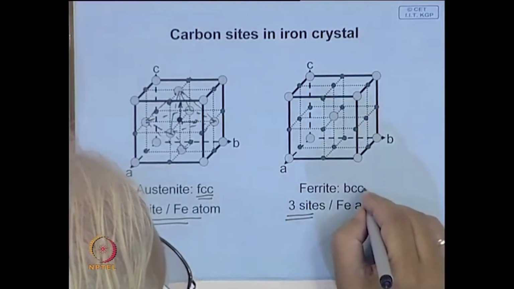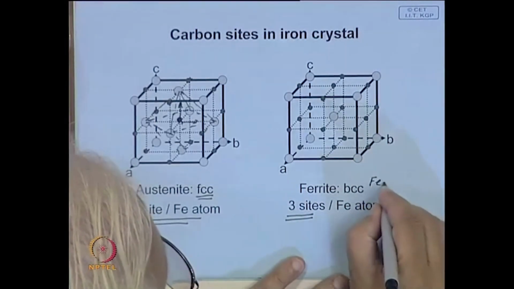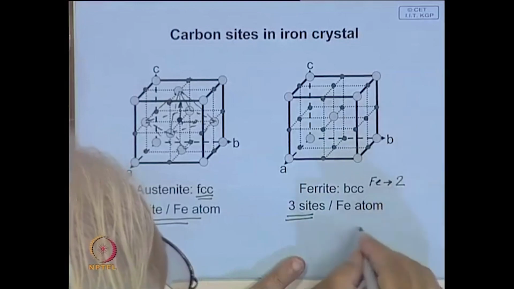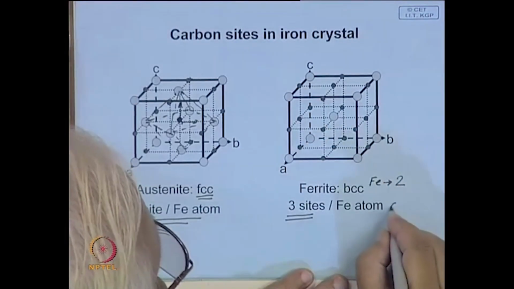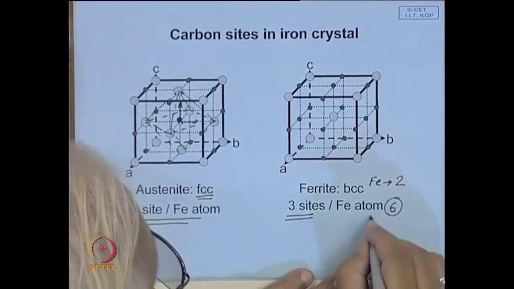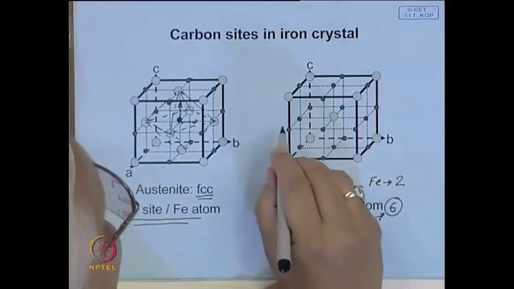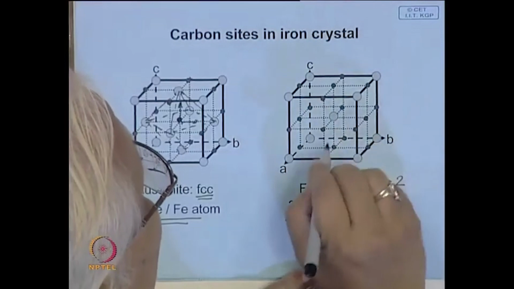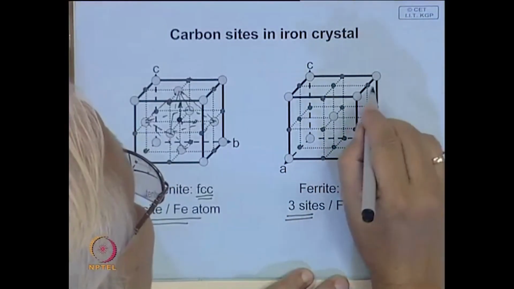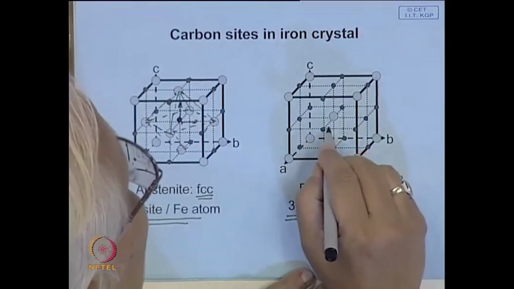That means the number of atoms per unit cell is 2 iron atoms, whereas you can accommodate up to 6 carbon atoms. The sites are available, but the point is, if you look at this octahedron here, the best way to imagine that octahedron, here also you have a similar one, it will be exactly the same.